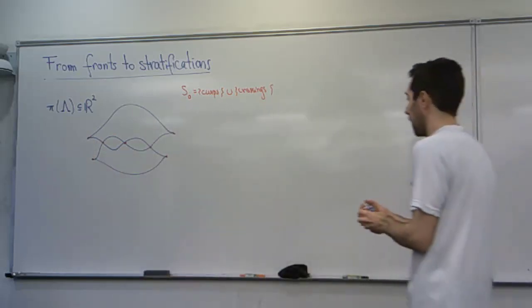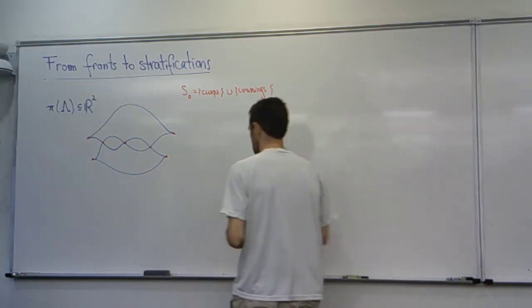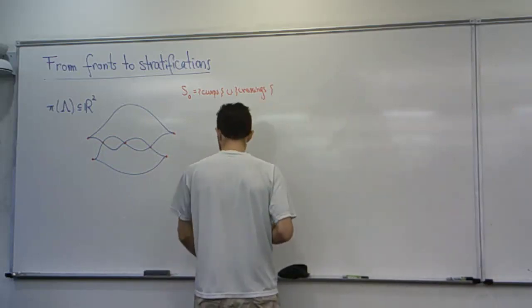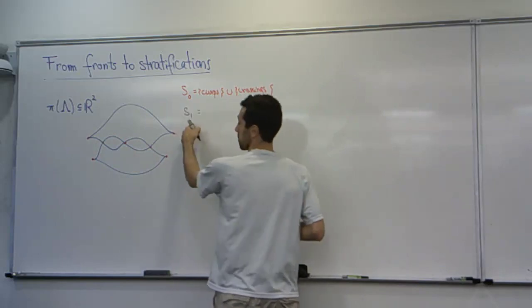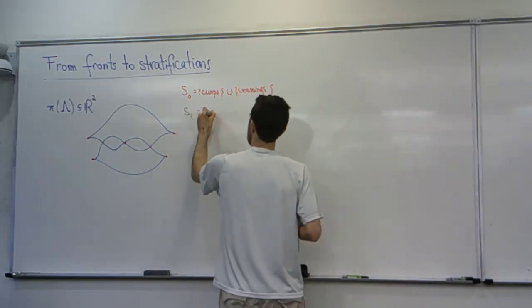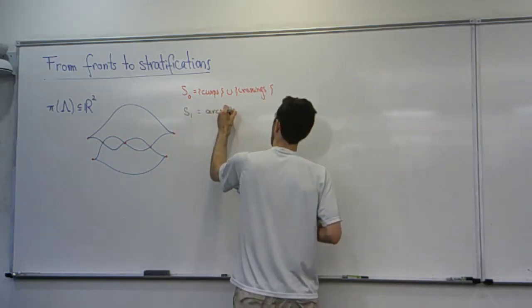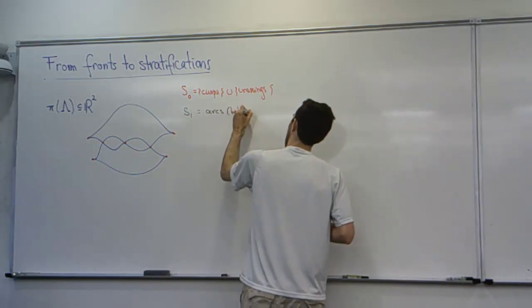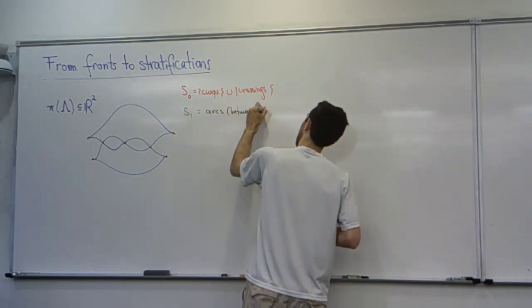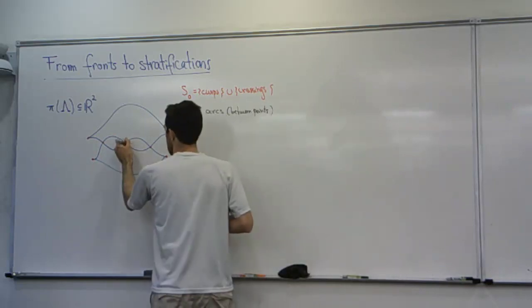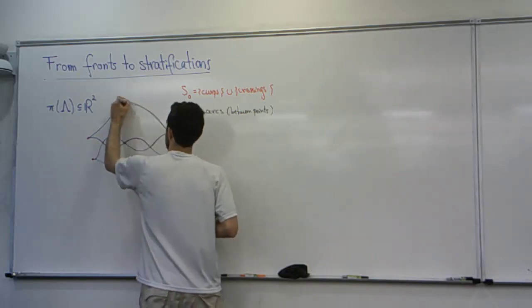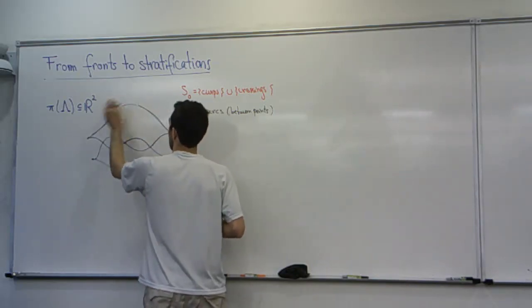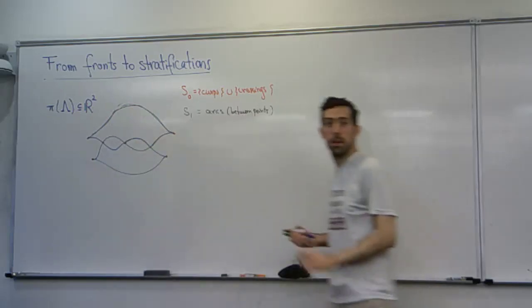And now you think about it and you say, well, actually there are the points, but there's also something else, which are exactly the arcs. So I can call S1, the subindex is going to indicate the dimension, arcs between points. And so, for instance, this is a perfectly fine arc. This is another arc. This is another arc that's allowed. Does that make sense?